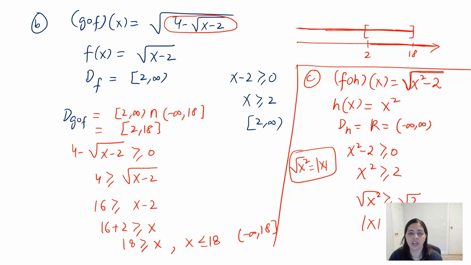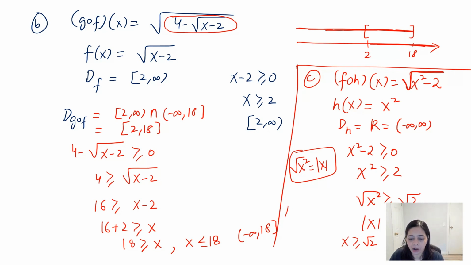So that gives you an inequality, but it's an absolute value inequality, which breaks down further as x greater than or equal to square root of 2 or x less than or equal to minus square root of 2. So you need to go back and revise how an absolute value inequality works. So this is what you get as the domain of the outer function.